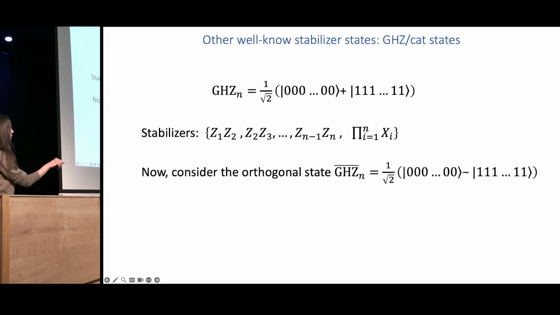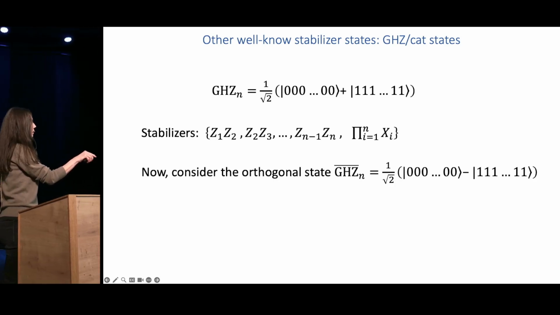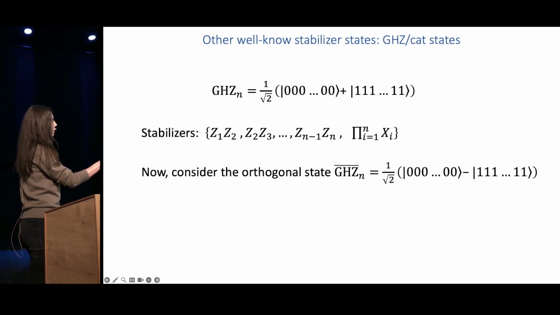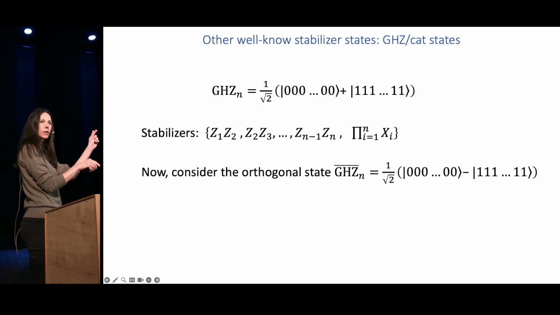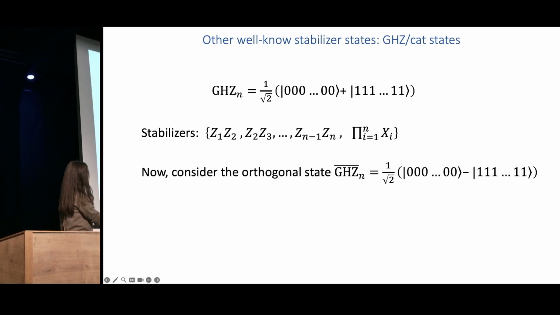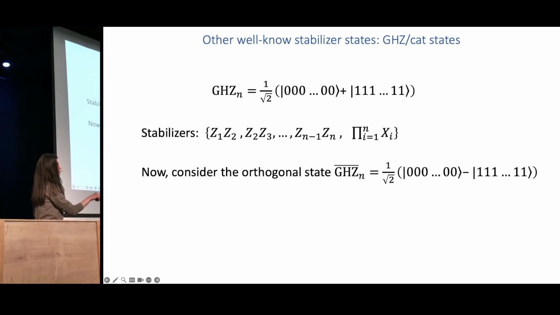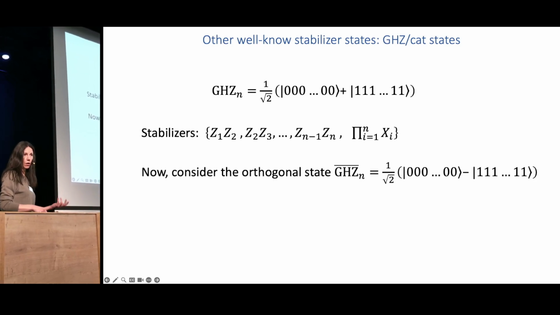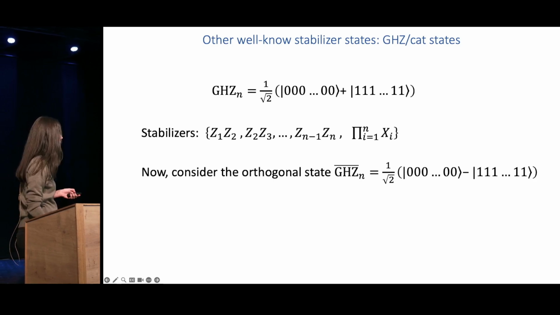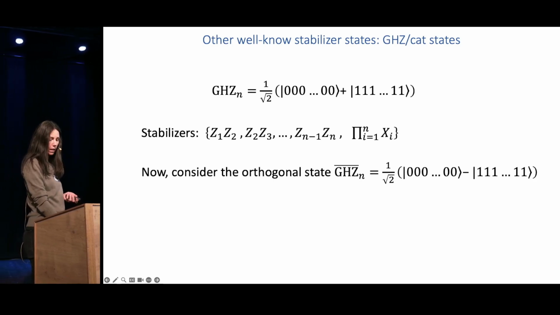If you look at this one, this is what ruins this being stabilized, because the Z operators have the same property, right? I just do a parity check for any two qubits, it works. But now if I flip all the qubits, I get all ones from here, but then I get minus 0. So that is not a stabilizer. This set is not a stabilizer of the GHZ state with a minus sign.